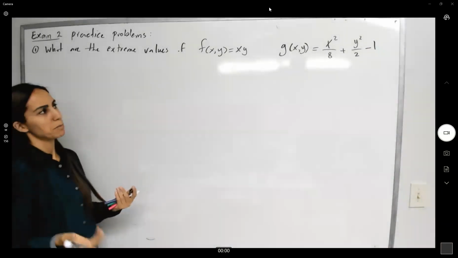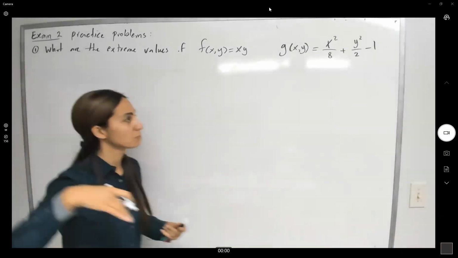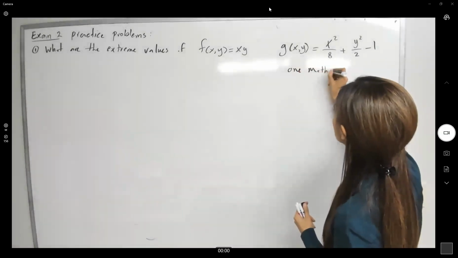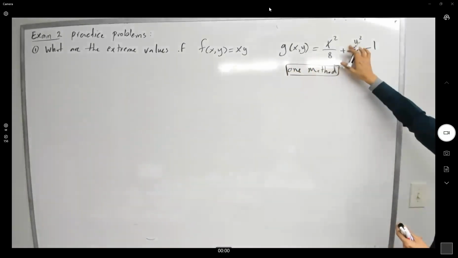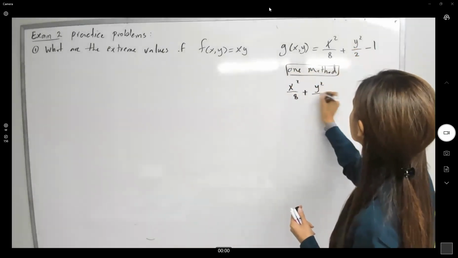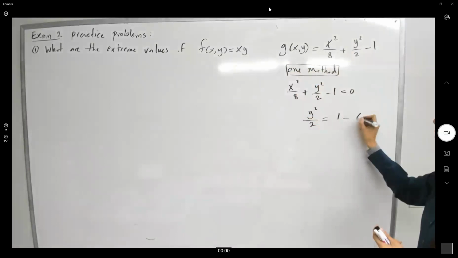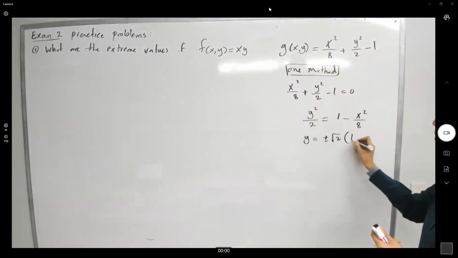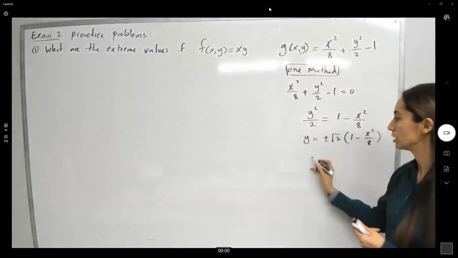Well, one method is going back to elementary calculus, if you're interested in doing it without the Lagrange multiplier. Write x squared divided by 8 plus y squared divided by 2 minus 1 equals 0, so y squared divided by 2 equals 1 minus x squared divided by 8, and y is plus or minus the square root of 2 times (1 minus x squared over 8).